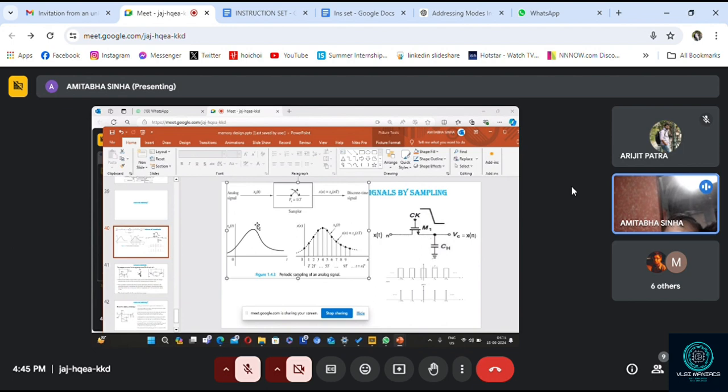That means your x(t) is converted to x[n] for n equal to 0, 1, 2, 3, 4, whatever it is. Now you have to come to the circuit, because whatever you are doing in the architecture, ultimately you have to implement in VLSI form. What is this circuit? Simple circuit. This is a transistor. Now what kind of transistor is it? Arijit?